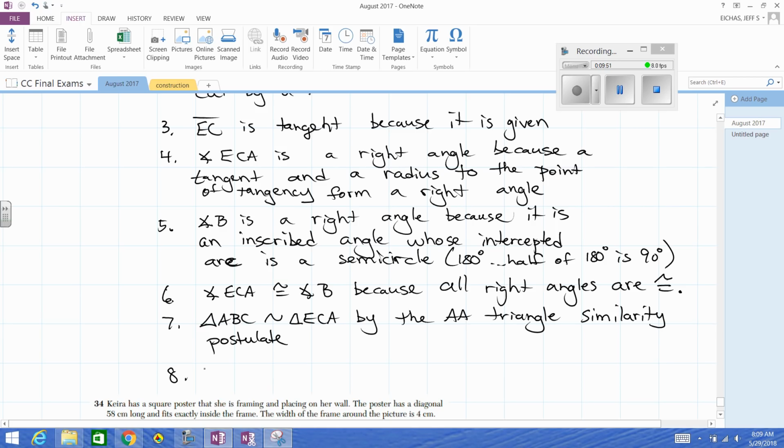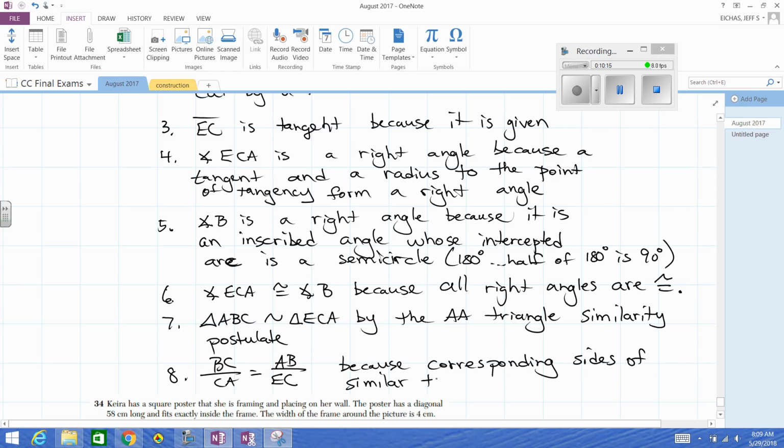Now, those corresponding sides are proportional, because corresponding sides of similar triangles are proportional.